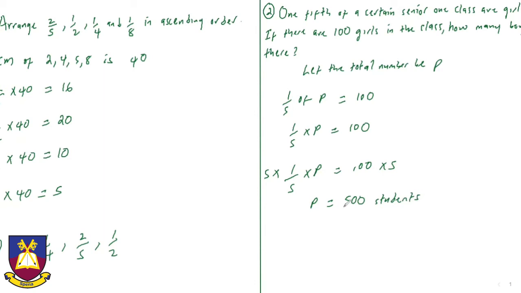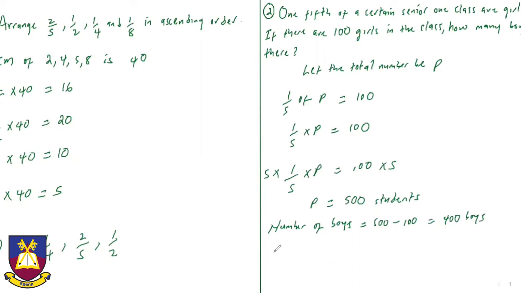Now that we have the total number of students, we can get those that are boys, because the question wants how many boys there are. The number of boys will be 500, the total, minus the girls 100, we get 400 boys.